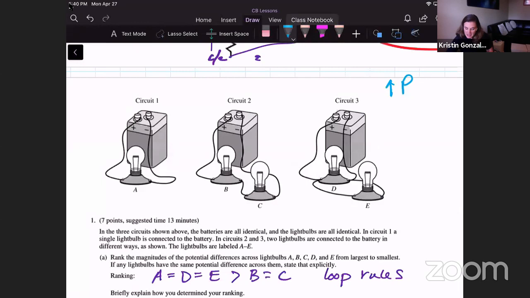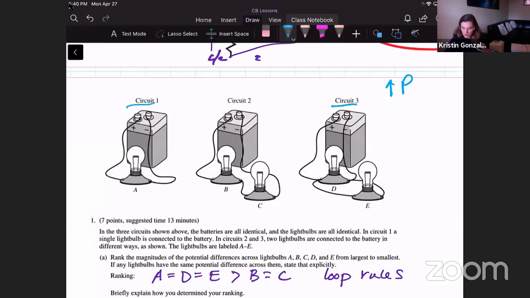Okay, well, if we look at circuit 3 and circuit 1, we just said that they all have the same potential difference across them, right? But if we're looking here at the totals, we want to know just about the battery.